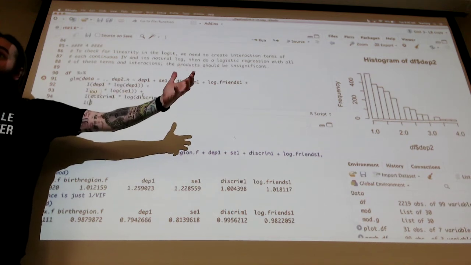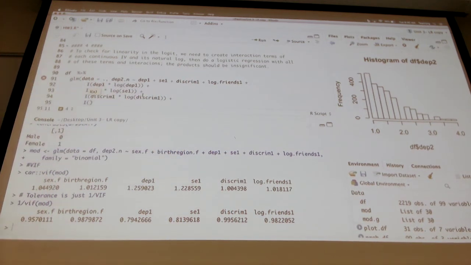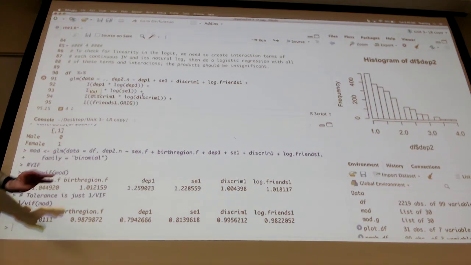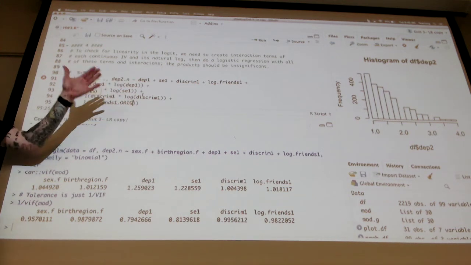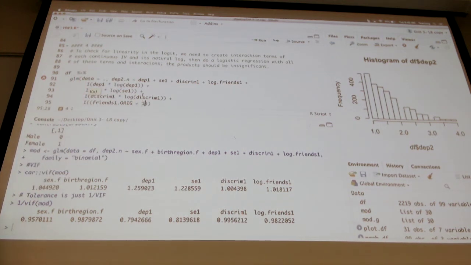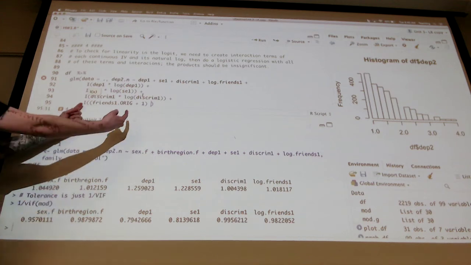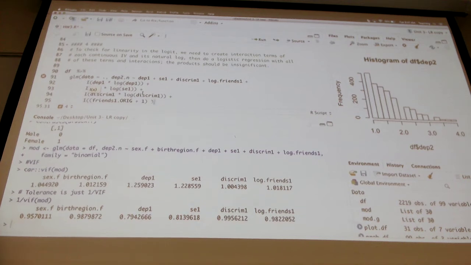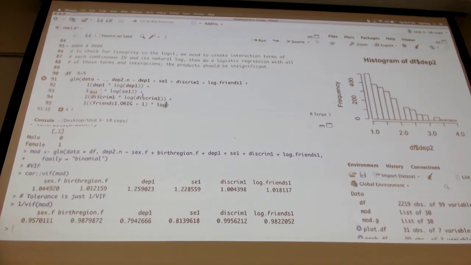You can't take the log of something with zeros, so we're going to pull that original friends variable, but also add that 1 to it, just like we did before we took the log in the first place. So we'll say friends1.ORIG, which is what I had named the original untampered-with friends variable, plus 1. And all that in parentheses as its own one thing, and then multiply that by just log friends1.